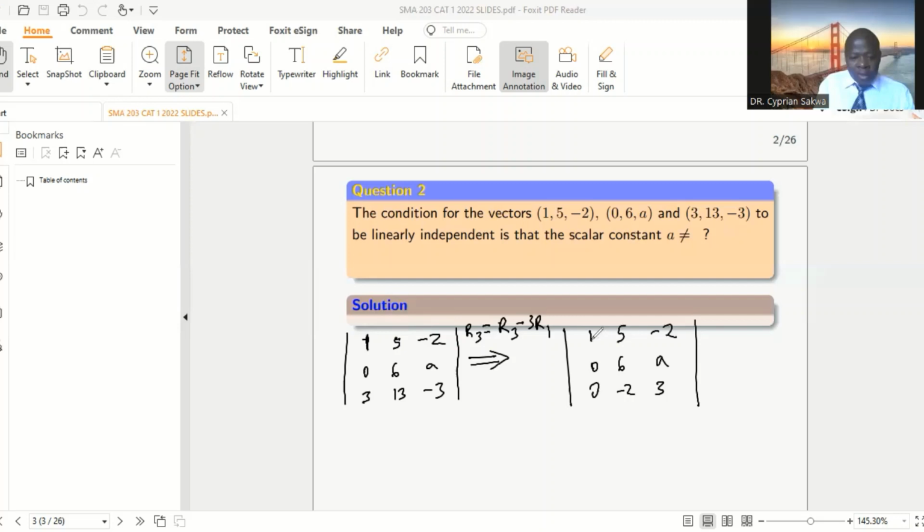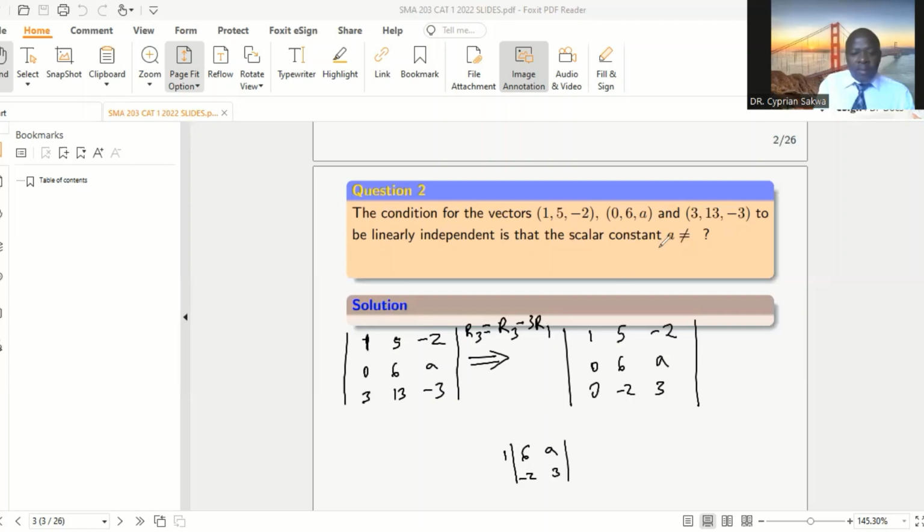Now, I'm getting the determinant along the first column. So the determinant will be 1, this element here, times the determinant of the matrix that remains when I delete the row and the column of this 1. When deleted, I have 6, a, -2, 3.